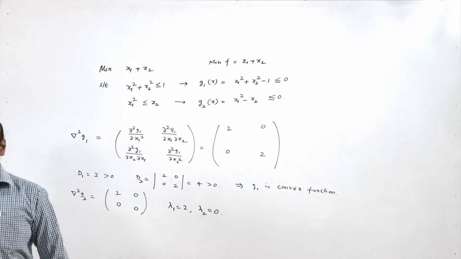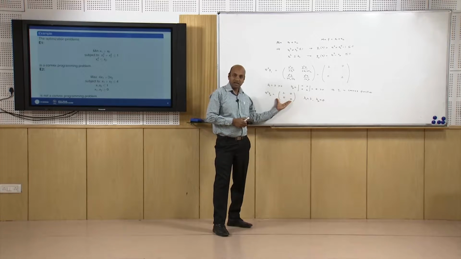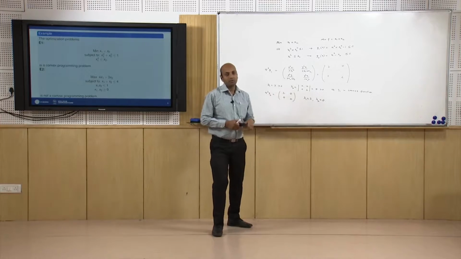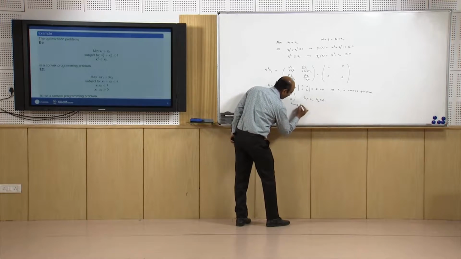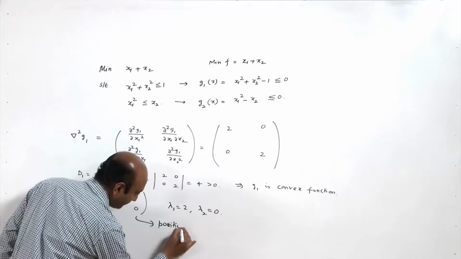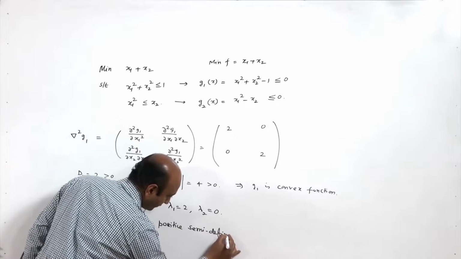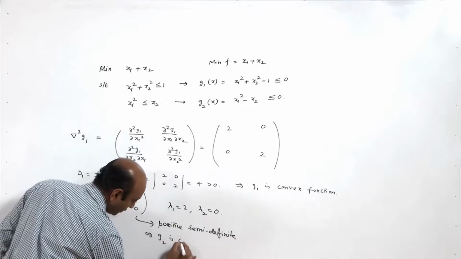So, this means this matrix is positive semi definite, and this implies G2 is a convex function.